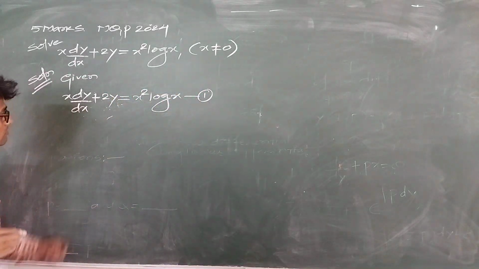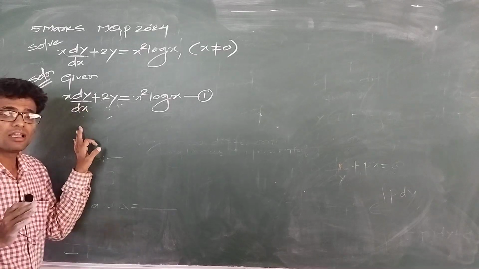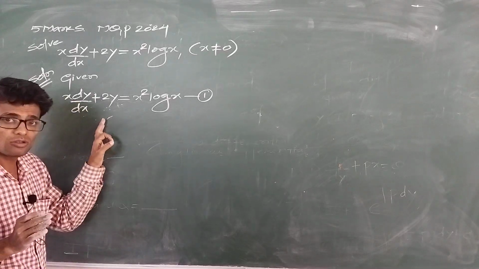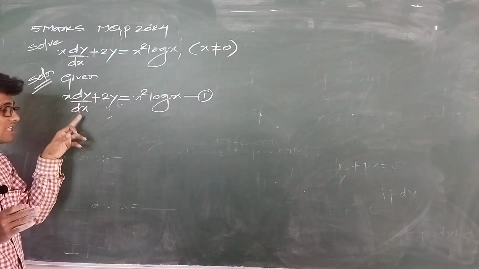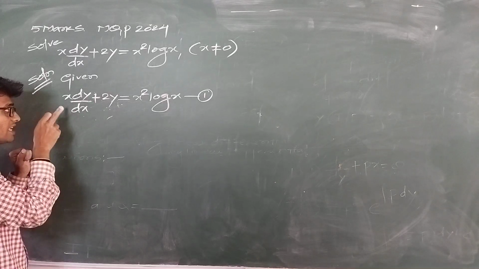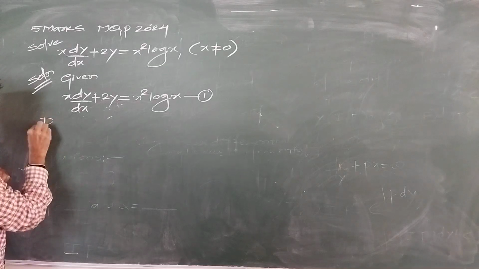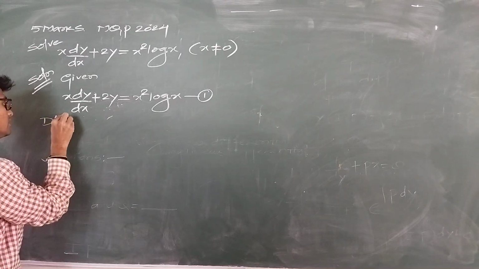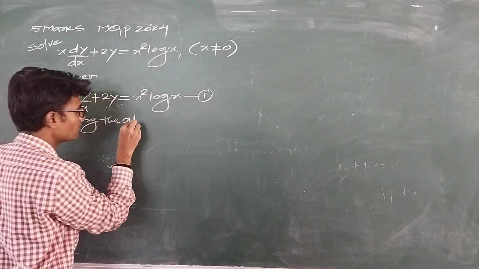Now reduce this given differential equation to the form dy by dx plus py equal to q, so you make the coefficient of dy by dx equal to 1. But in this example, the coefficient of dy by dx is x, so divide the whole equation by x. I will write one sentence here: dividing the above equation.